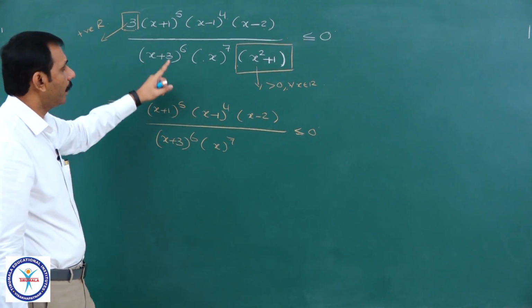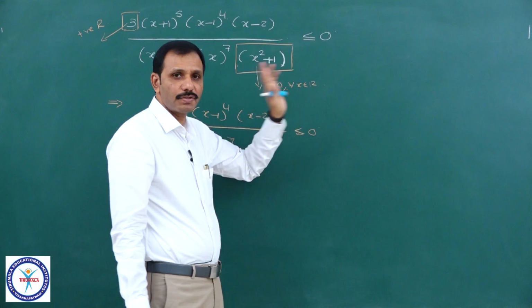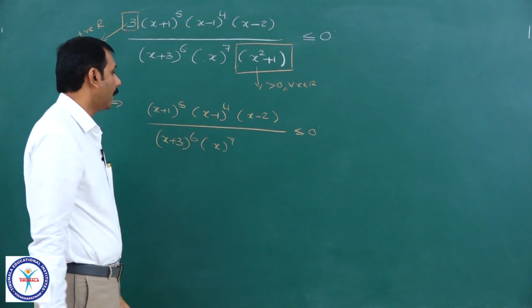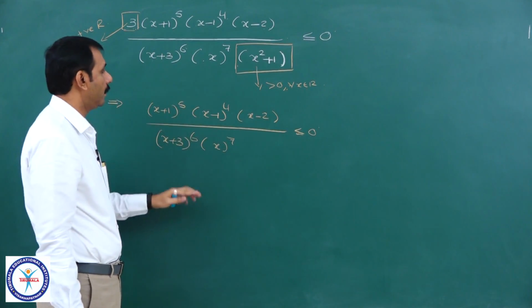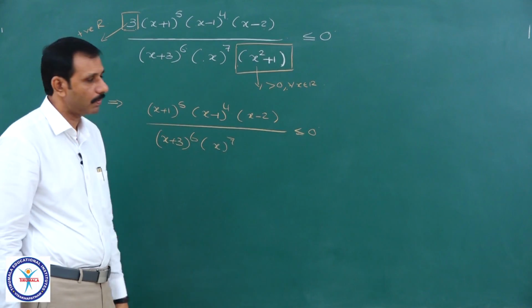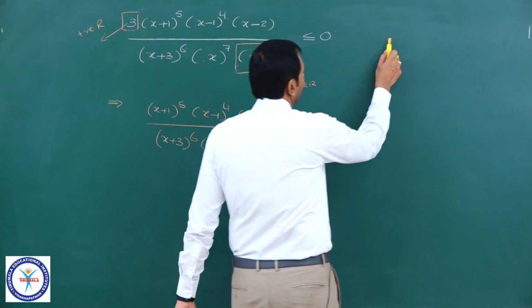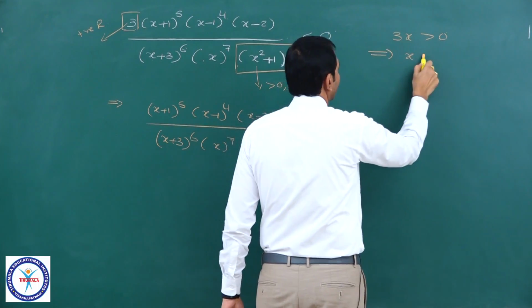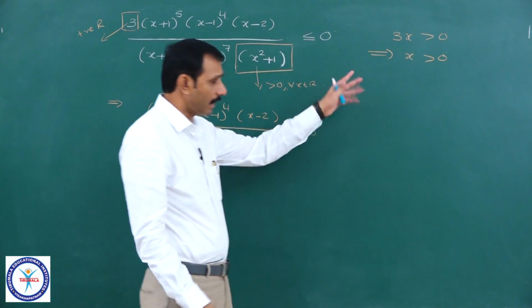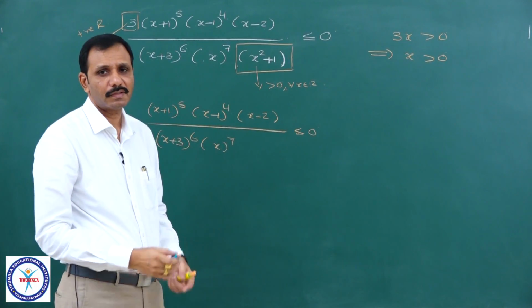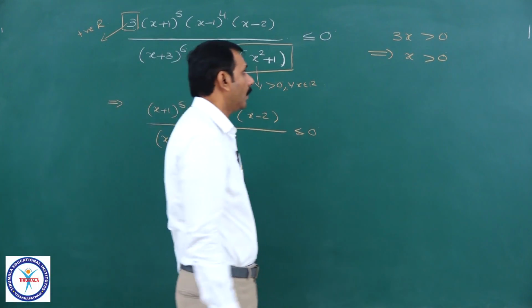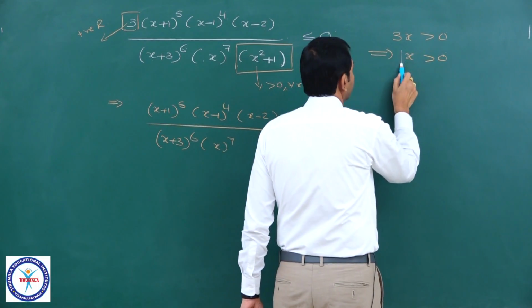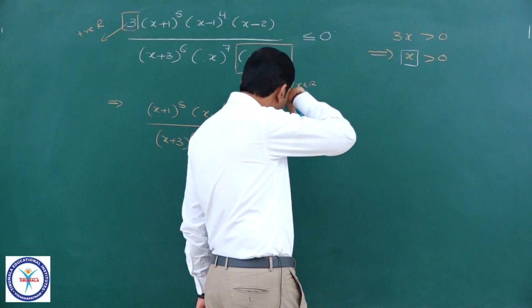This complete numerator by denominator less than or equal to 0 implies it is enough to take the values of x where it is less than or equal to 0. It is simple, like suppose 3x greater than 0 is there, that implies x greater than 0 we will write. Why? Because 3 always positive only, it is greater than 0 means it is enough to take the values of x where it is greater than 0, enough.